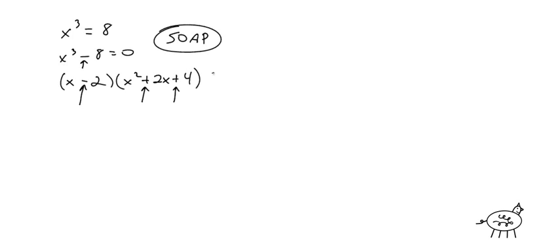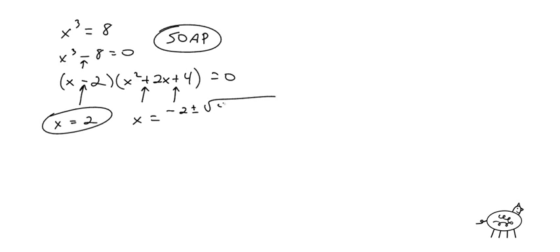So if I set that equal to 0, don't I get x equals 2? Well, that's the answer you guys gave me originally. And the other one, you can't really factor that one, so you've got to use the quadratic formula. So x equals opposite of b, plus or minus the square root of b squared minus 4 times a times c, all over 2 times 1. Okay, so x equals negative 2 plus or minus the square root of 4 minus 16, which is negative 12, over 2.